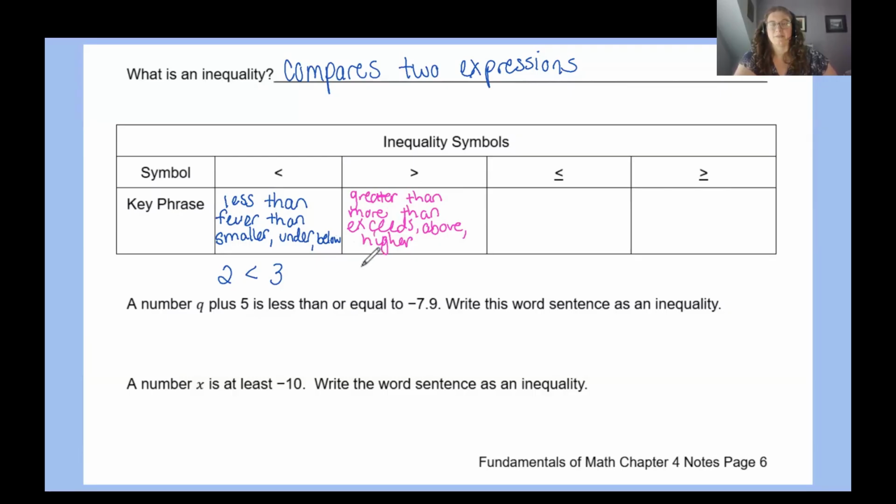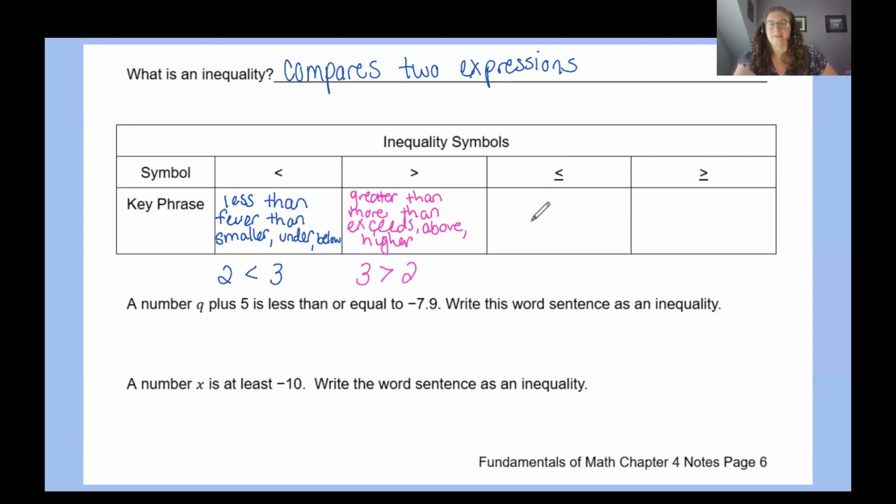Right? So we could say 3 is greater than 2. 3 is more than 2. 3 exceeds 2. Right? You know that when you have a line under the less than or greater than sign, that line tells us it's less than or equal to, or greater than or equal to.